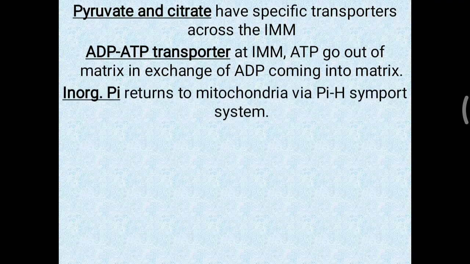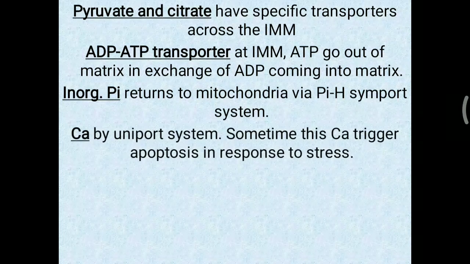Further, inorganic phosphate, which is needed for ATP formation inside the mitochondria, is returned to the mitochondria via the phosphate hydrogen symport system. Further, calcium enters the mitochondria with the help of a uniport system. Calcium is also one of the regulators of the TCA cycle, but sometimes calcium triggers apoptosis in response to stress. So sometimes this calcium can be dangerous and can lead to apoptosis.